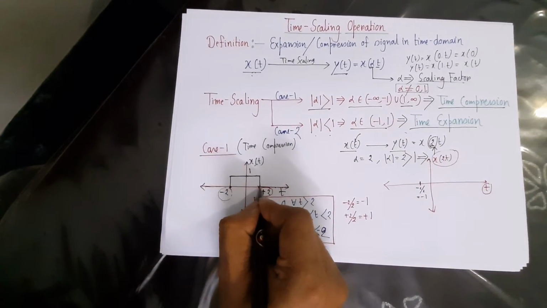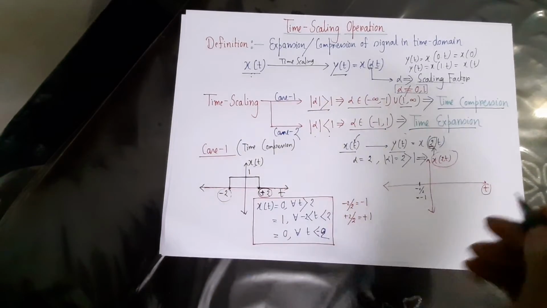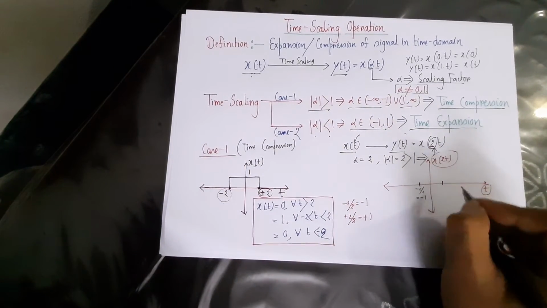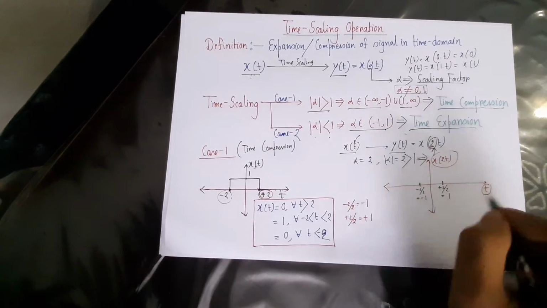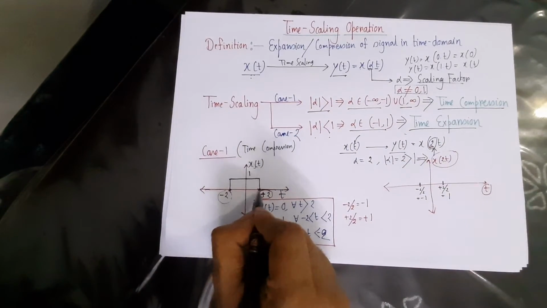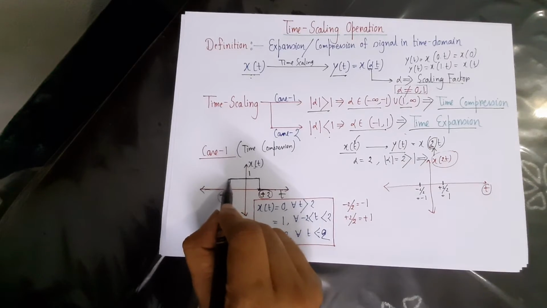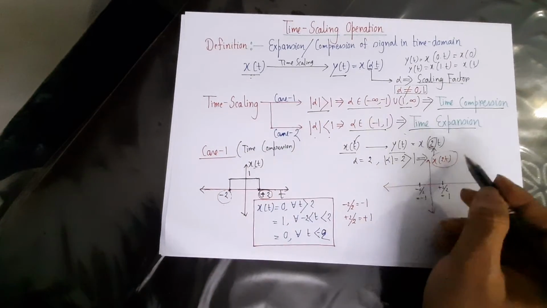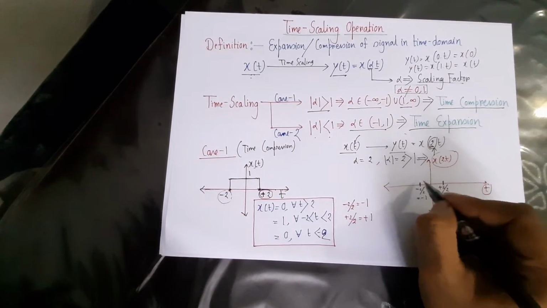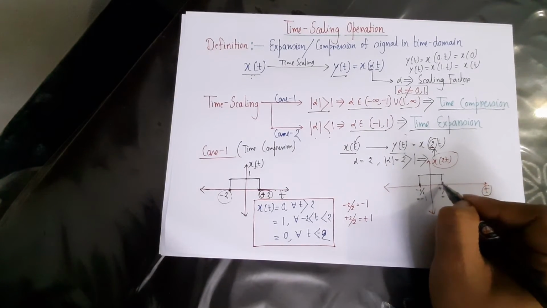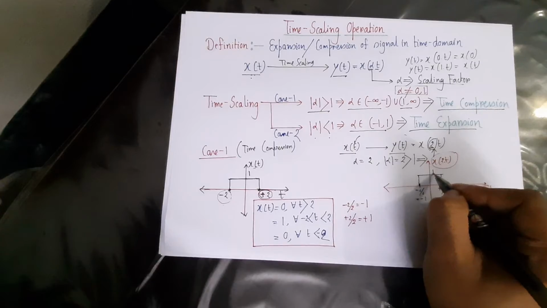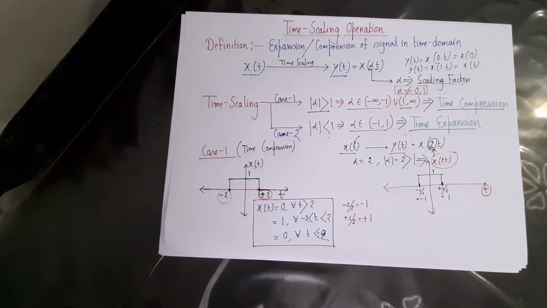Corresponding to t equal to plus 2 in the original signal, we will have the point plus 2 by 2 in the signal x of 2t. Inside minus 2 to 2 in the original signal the value was constant at 1, so in the converted signal also the value will remain constant at 1 in the interval minus 1 to plus 1. So that's how you have to draw.